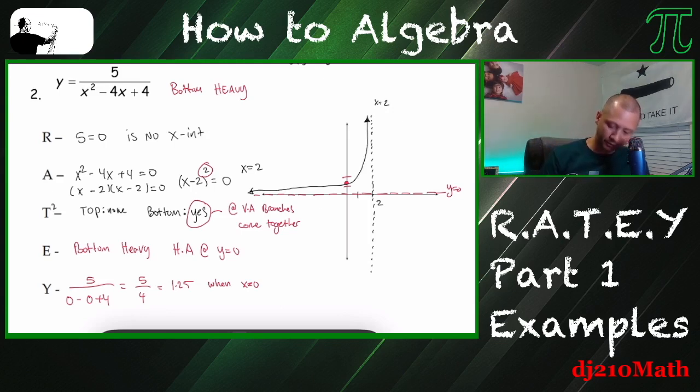So my other options are top right or bottom right. You probably already know the answer, but based on the t-squared analysis, we know that the branches will, in fact, come together.